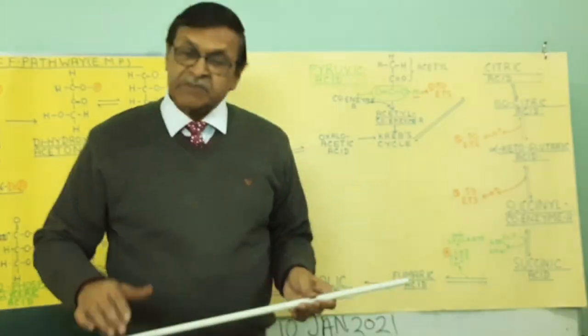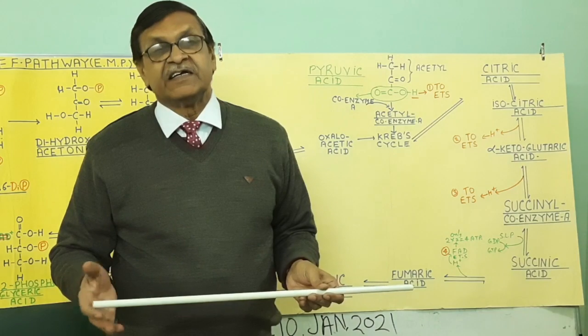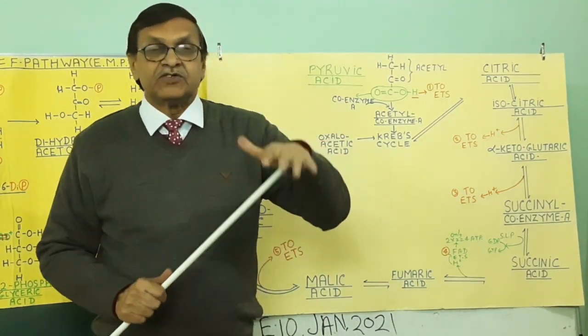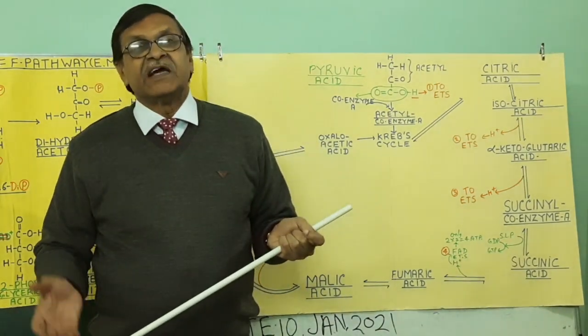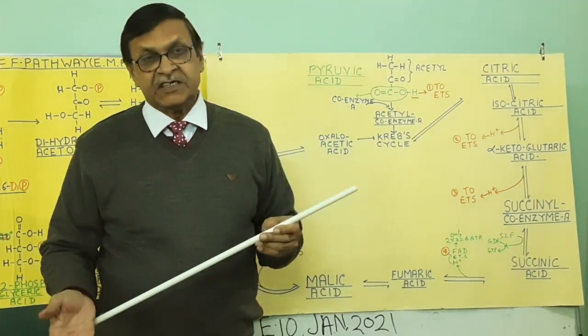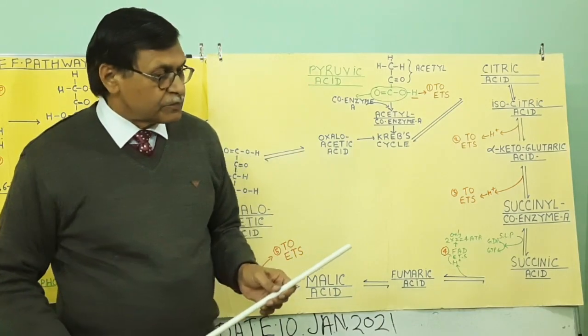And then at certain places, hydrogen atom is removed, the reactions are called dehydrogenase. So if it is the removal of hydrogen from malic acid, the enzyme will be called malic acid dehydrogenase. If it is removal of hydrogen from succinic acid, it will be called succinic acid dehydrogenase this way.